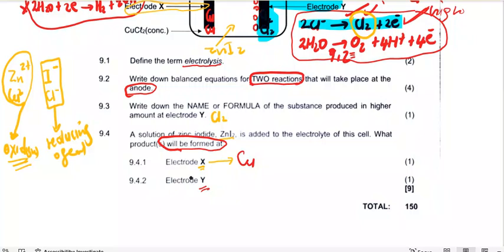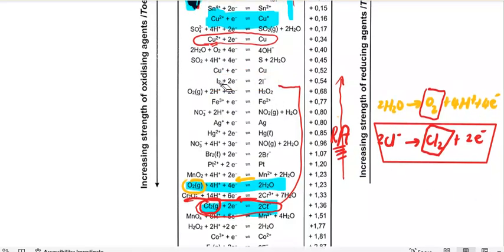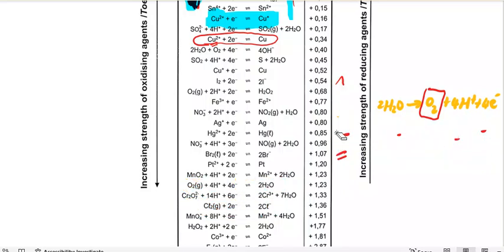At Y, these two compete, so we look for the stronger reducing agent. Let's go to the table. So we have chlorine. Between the two, looking downwards is the oxidizing agent, but our focus here is the reducing agent.